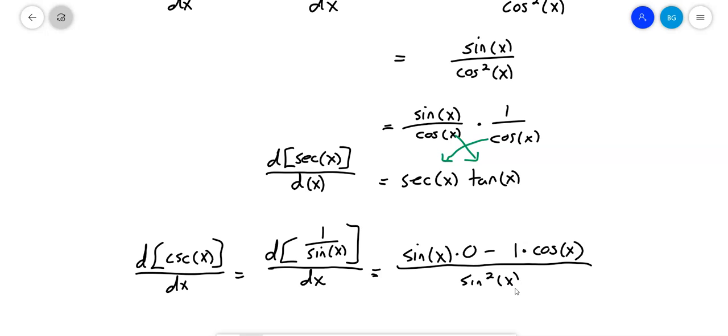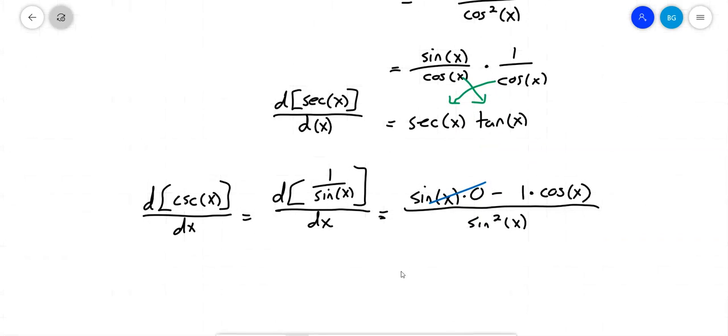And we're going to end up with a very similar result as we did before. You know, we multiply by 0, so that term goes away. We're going to get negative cosine over sine squared.